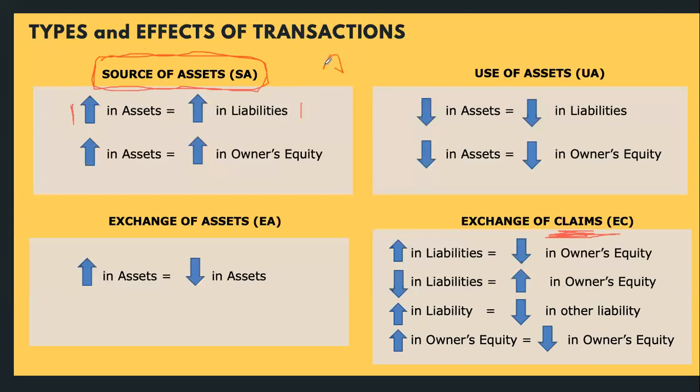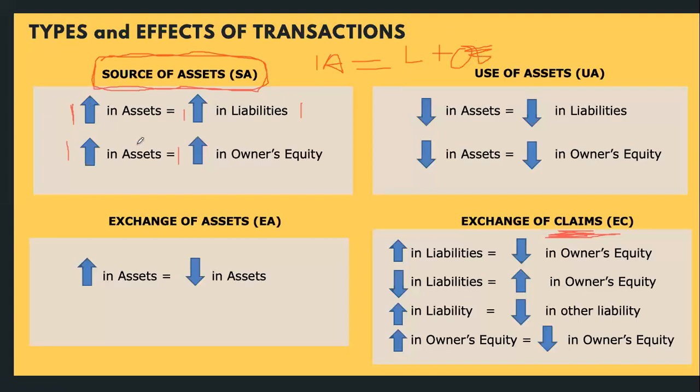So your accounting equation, okay, if the asset increases, the other side must also increase. That's why liabilities increase. So the equation balances. Okay, so if the asset increases, the right side must increase. So, owner's equity increases.